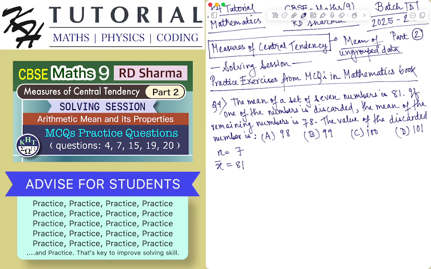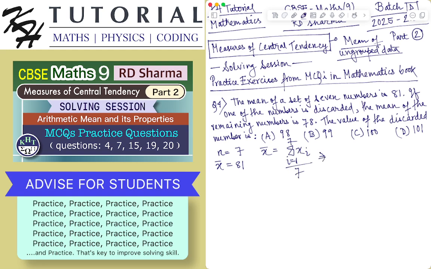Now I know that x bar is equal to the summation of xi, where i ranges from 1 to 7, divided by 7.